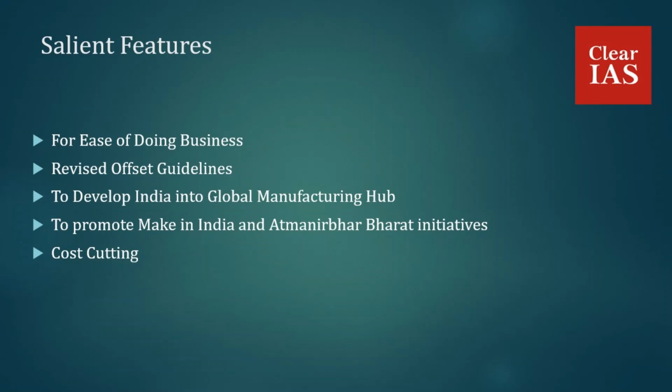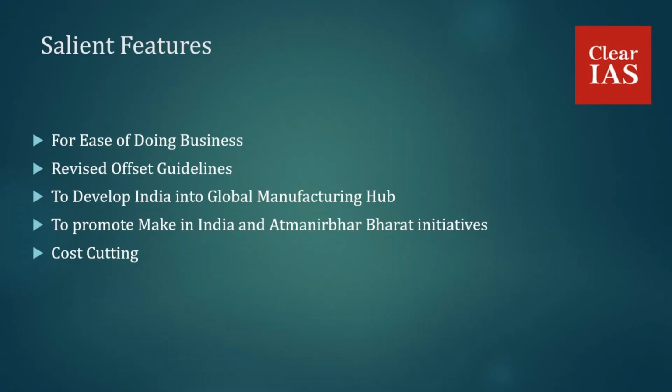And I hope all of you are aware of the offset clause. Offsets are a portion of a contracted price with a foreign supplier that must be reinvested in the Indian defense sector, or against which the government can purchase technology. And multipliers are credit values earned on offset transactions. A multiplier of 3 means a foreign company can claim credits up to 3 times its actual offset investment.